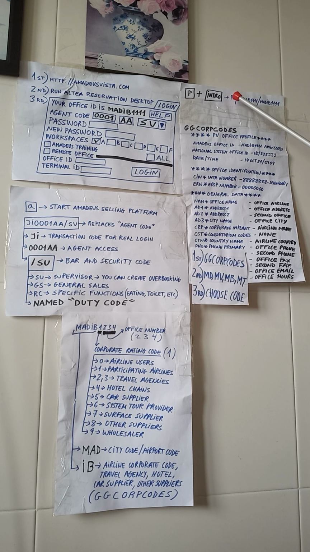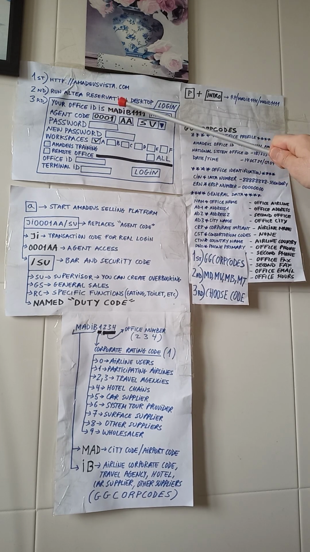RP, Office ID, okay, the same, is colloquially known as an agency code. The Office ID is a 9-character alphanumeric code that identifies the office. 9-character alphanumeric: 1, 2, 3, 4, 5, 6, 7, 8, 9.